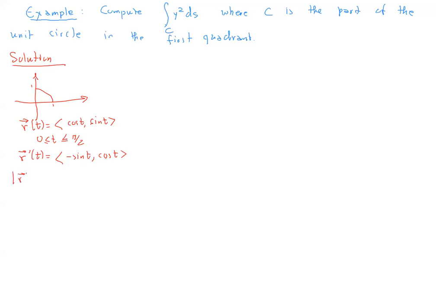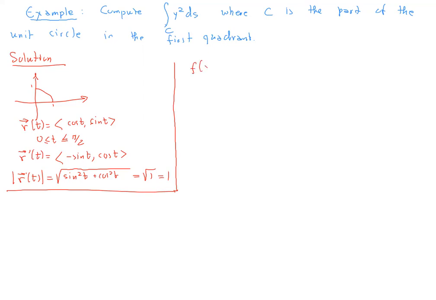And the length will be square root of sine square of t plus cosine square of t, which is square root of 1, which is 1. Okay. And what is our function?